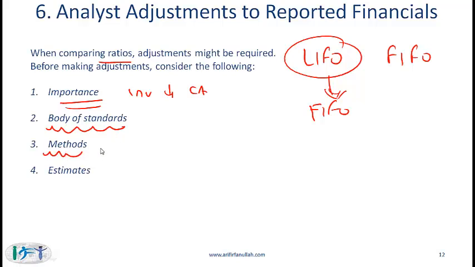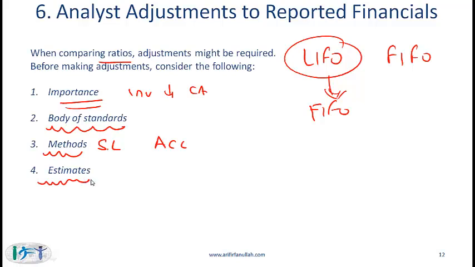Methods. When we compare companies, we should look at whether they are using the same accounting methods or different accounting methods. For example, you might have one company that is using straight line depreciation, another company might be using accelerated depreciation. Here, adjustments need to be made. And finally, estimates.